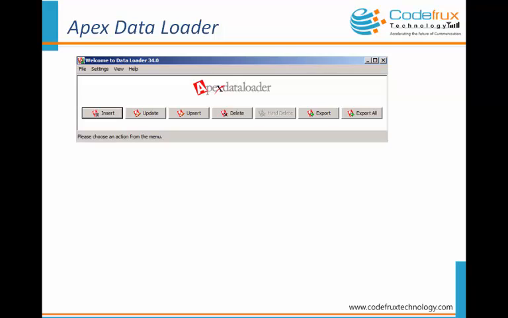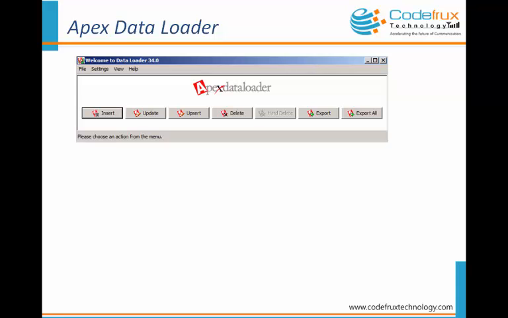And then export and export all. Export will export only the active records. Export all will also export the other records, for example those in the recycle bin, which are soft deleted, along with the active records.